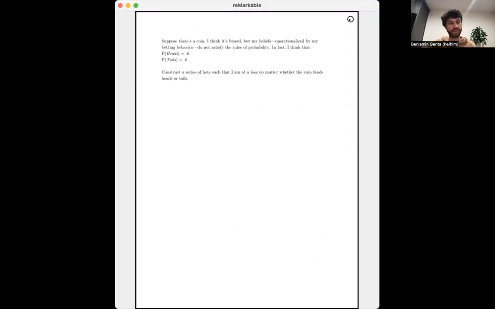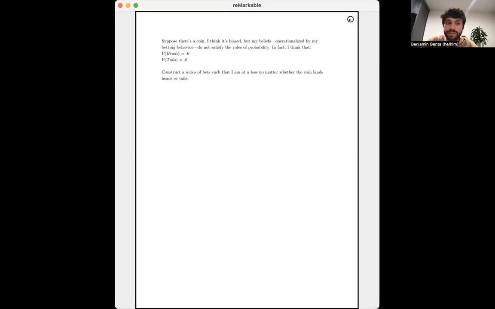So let's go back to the example over here. Suppose there's a coin, and I think it's biased, but my beliefs, which again are operationalized by my betting behavior, do not satisfy the rules of probability.